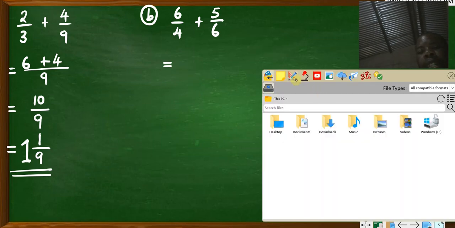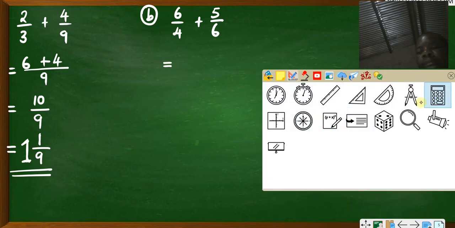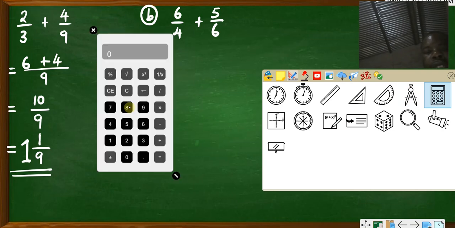Okay, so let's prove it. I think it is 24, because if I bring my calculator here and say 24 divided by 6, what am I getting? 4.